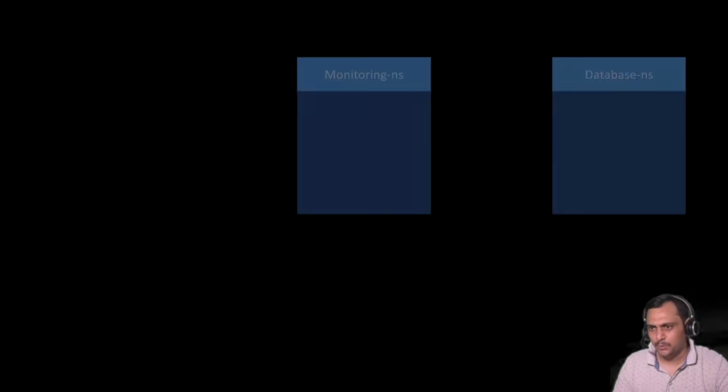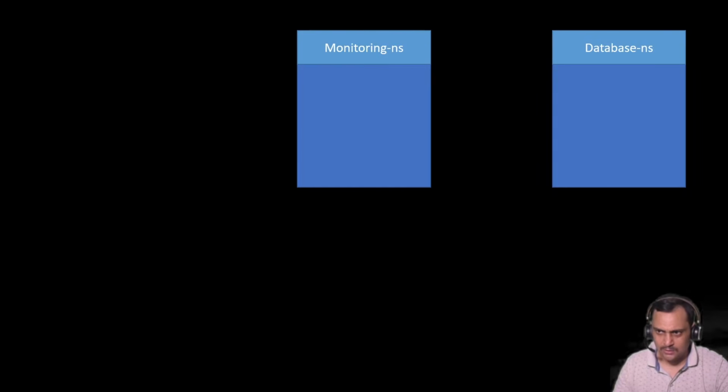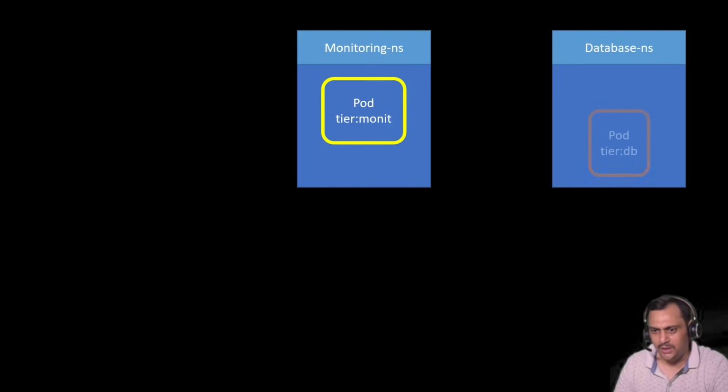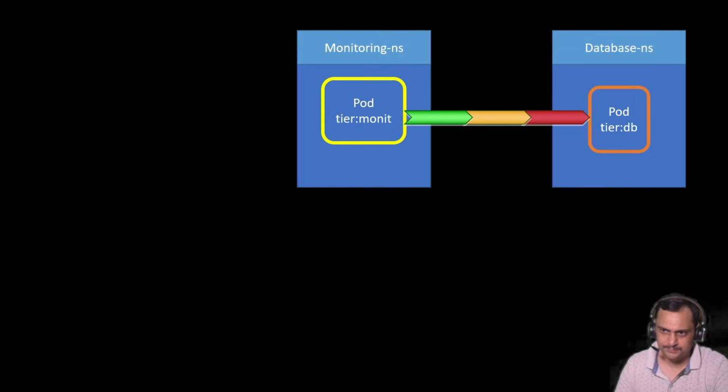Okay, now let's take another example. Let's suppose we have two namespaces, monitoring NS and database NS. In monitoring NS, we have pods with label set tier equal to monitor, and in database NS, we have pods with tier equal to db.